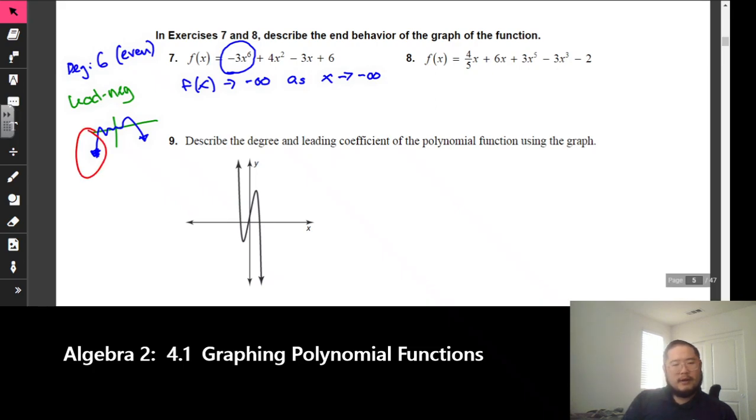Let's go to the next part. Okay, looking at the right. The function f of x is leading to negative infinity as well. But when is it doing that? As my value of x approaches positive infinity because it's going this way to the right. There you have your answer to number 7.